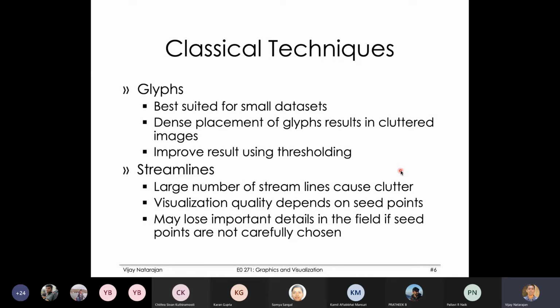But again, if you show many streamlines, this will cause clutter. The quality of the visualization depends on how many streamlines you show and where you show them. So where are the seed points, right? Depending on where you seed these streamlines, you may lose or gain important details in the field. So an important research question is, how do you find a good collection of streamlines?